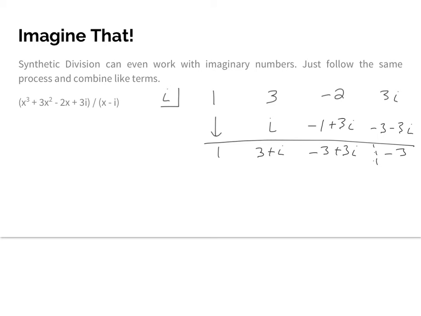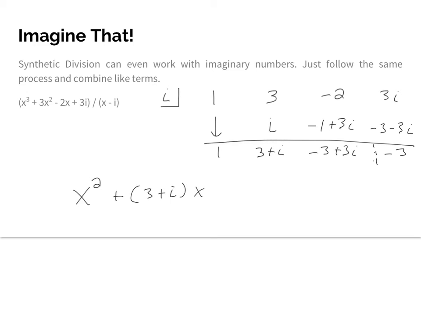So I'm going to rewrite my answer, and I'm actually just going to have some coefficients that involve i. Start with an x cubed down to an x, divided by an x and down to an x squared. So I'm going to have a 1x squared for my answer here. My next coefficient is 3 plus i. So I'm going to say plus 3 plus i x.